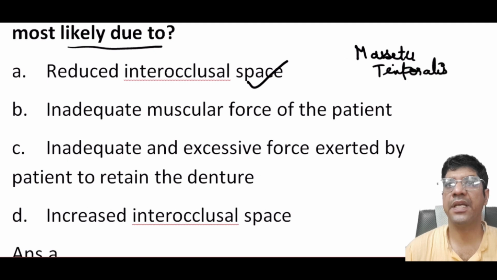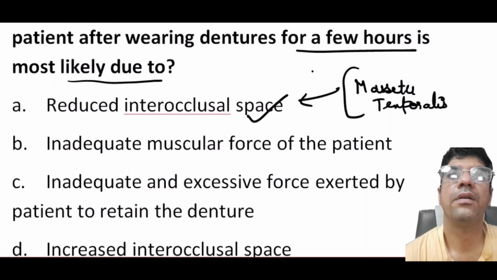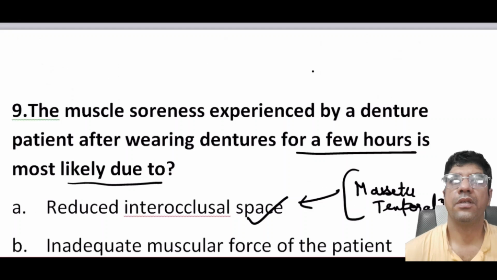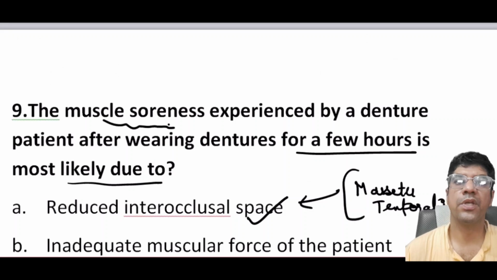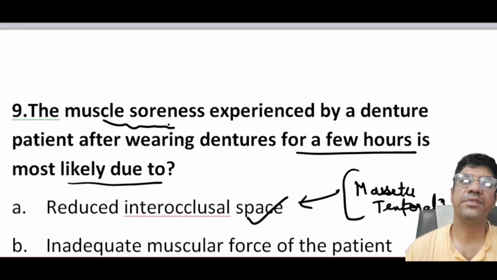These muscles can become fatigued and may show soreness and discomfort. The reduced space forces the muscles to maintain the mandible in an unnaturally elevated position that leads to muscle fatigue, soreness and discomfort.